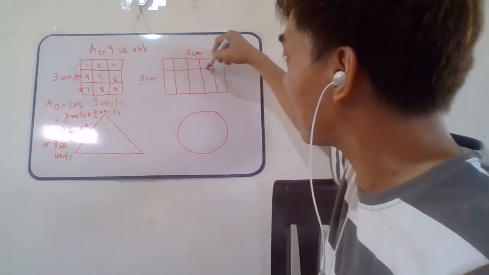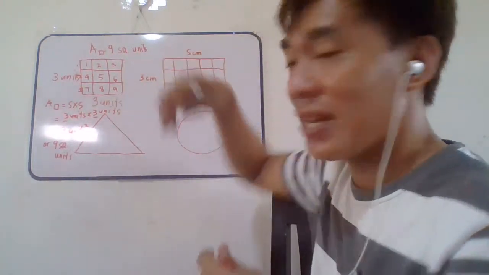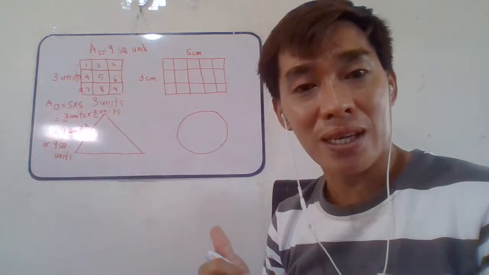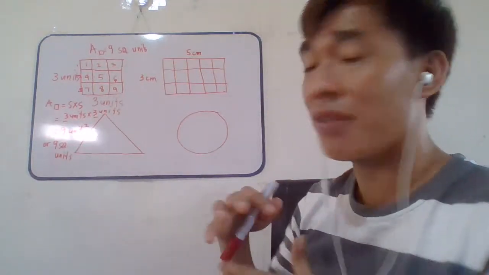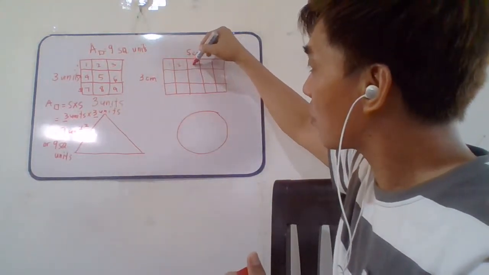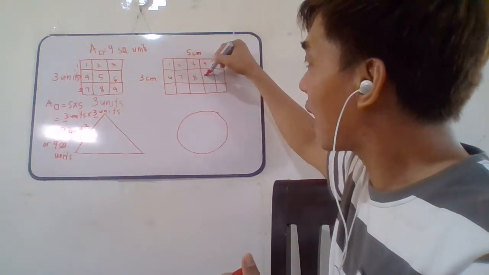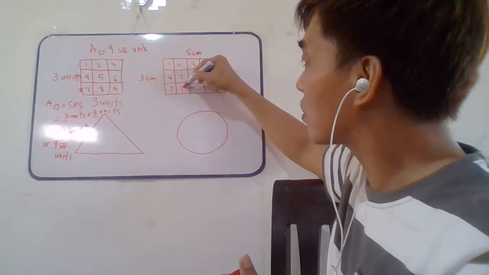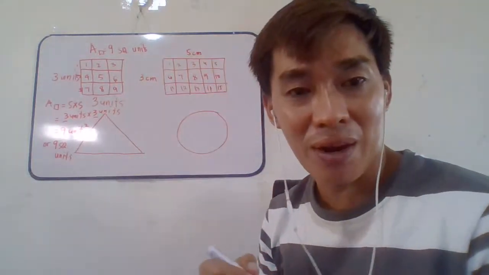So I will divide it into 3 units. So 1, 2, 3. Assuming we have made all squares, let's count how many squares there are in all in that figure. That is 1, 2, 3, 4, 5, 6, 7, 8, 9, 10, 11, 12, 13, 14, 15. So there are 15 square units.